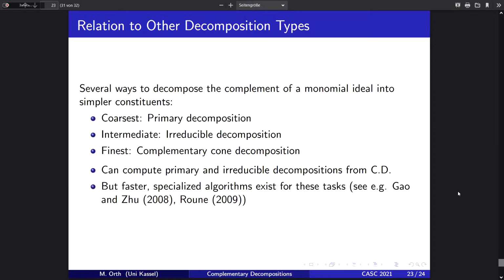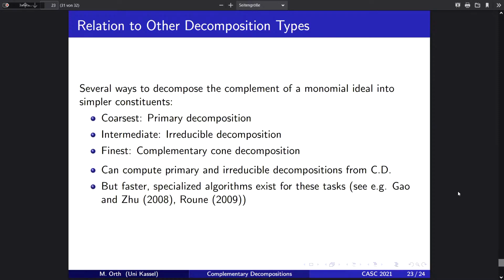And because the complementary decomposition for these monomial ideals contains, in a sense, more information, we can compute and reconstruct the primary and irreducible decompositions from the complementary decomposition. But this is not the best way to do this task, because faster specialized algorithms exist for this.